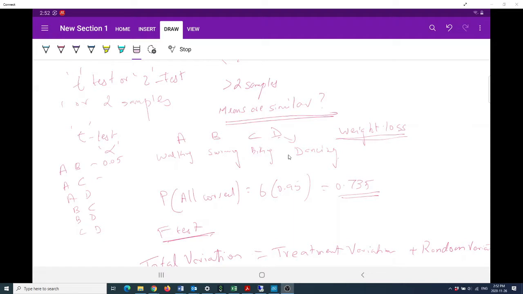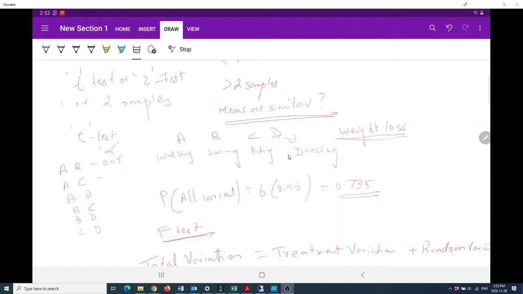If your alpha, the typical level of significance, is a 5% cutoff, that means the probability of a type 1 error, reaching the wrong conclusion, is only 5%, and 95% of the time you will have the right value. But the probability of all 6 of these t-tests being correct is 0.95 raised to the power of 6, which is only 0.735.